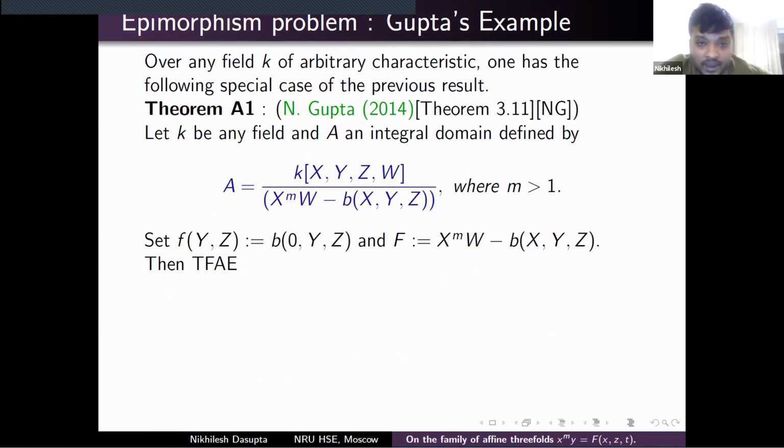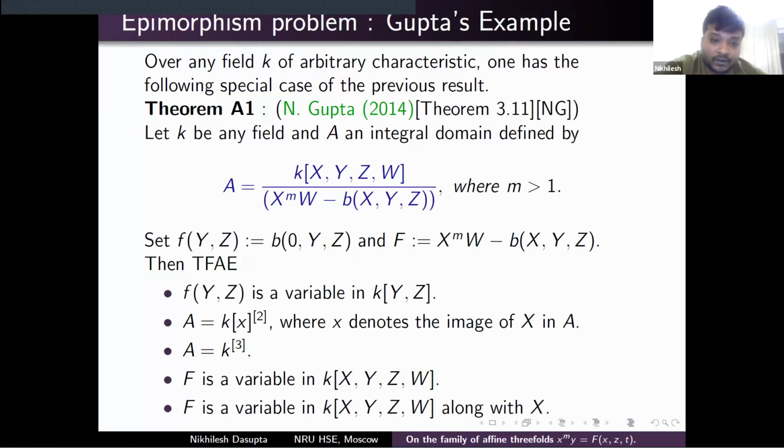Let K be any field and A be an integral domain defined by this x to the power m y. I have not written the variable t so that it remains similar. If you set f(y,z) to be what you get by plugging in x equal to 0, a polynomial in y, z. So always small f will denote that, and capital F is this whole polynomial. Then the following are equivalent.